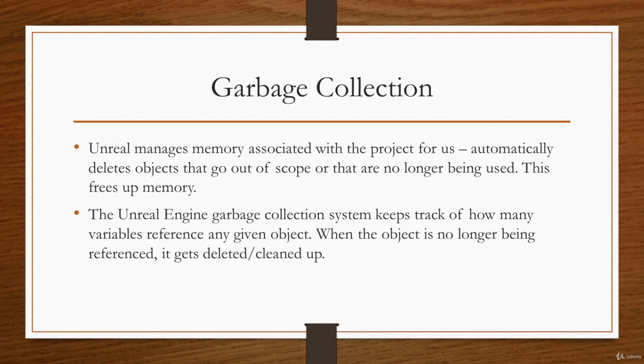So if you have an object dynamically allocated on the heap, and you have a pointer variable that points to that object, right? And as soon as the pointer variable goes out of scope, then it makes sense to delete that object that variable pointed to. Otherwise, you'll have that dynamically allocated object on the heap, and nothing has access to it. You don't have a way of accessing that object.